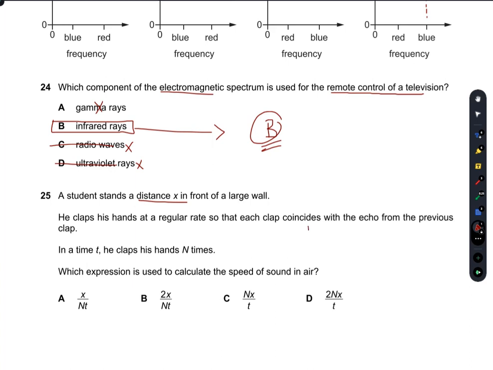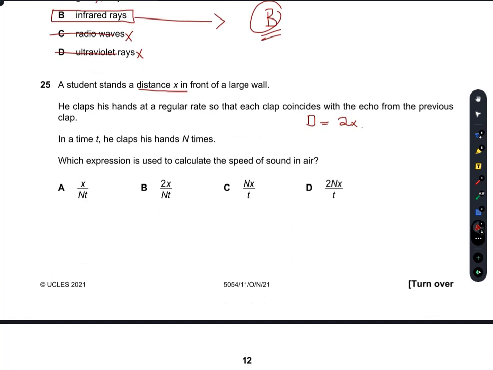So the distance traveled by the sound is 2x, whereas the number of claps he has produced, I am indicating by small n, is n during time t. So the time for one clap is t divided by n.